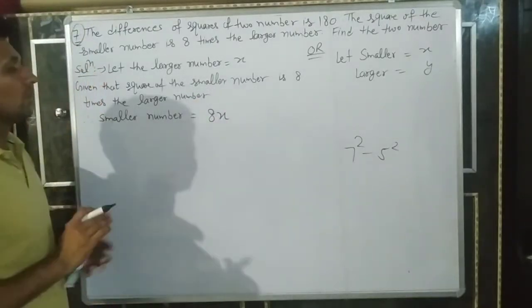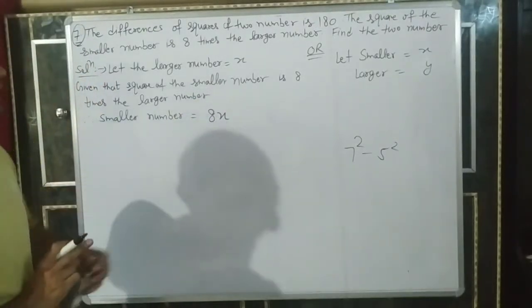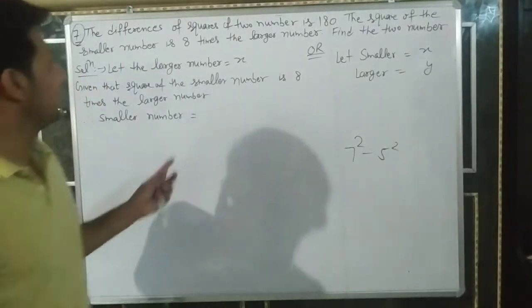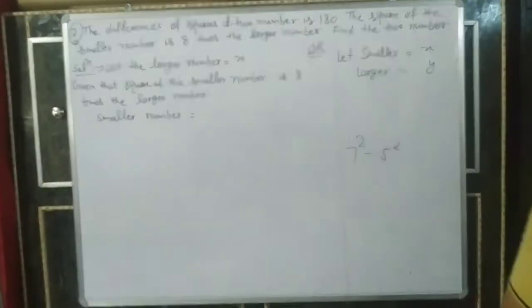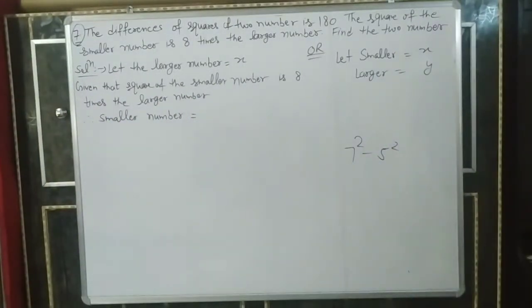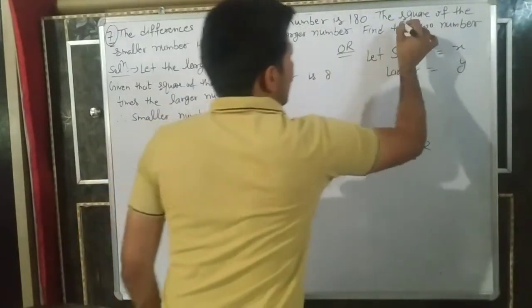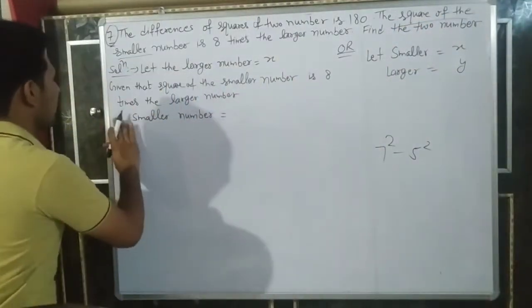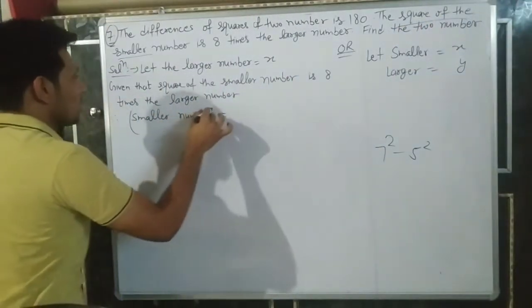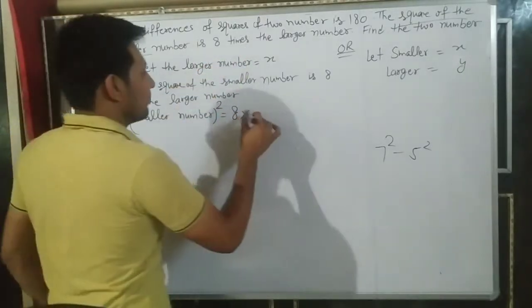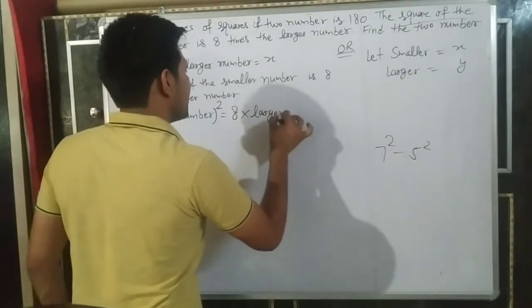We write in the question: the square of the smaller number is 8 times the larger number. Therefore, the square of the smaller number is 8 times, and times means multiply, the larger number.